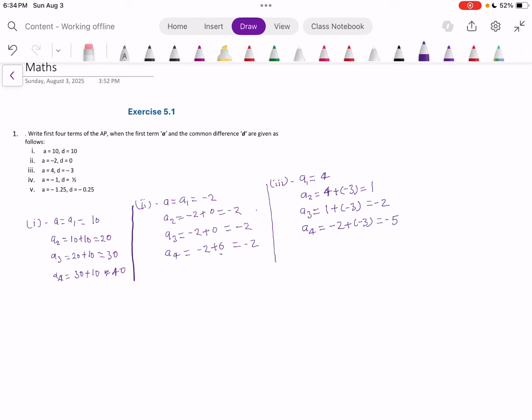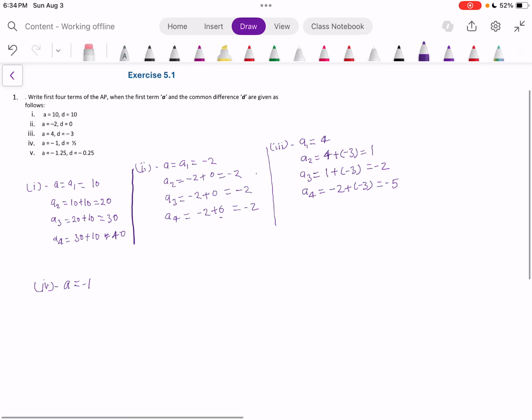And then the fourth question, the fourth part, A is going to be -1. A2 is going to be the previous term plus the difference, this one, so it's going to be 1/2. A3 is going to be the previous term plus the difference, and the difference is half, so it's going to be 0.